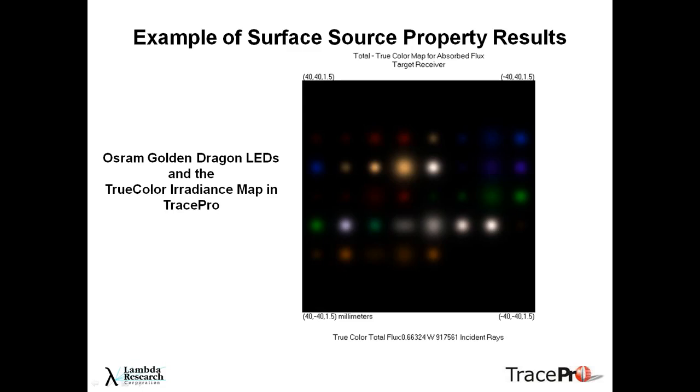Here we can see the different colors, reds, blues, greens, whites, ambers, as well as, in this case here, more of an elliptical pattern. So we're seeing asymmetric outputs. That's a case where we use the azimuth angles in addition to the polar angles for the angular distribution.